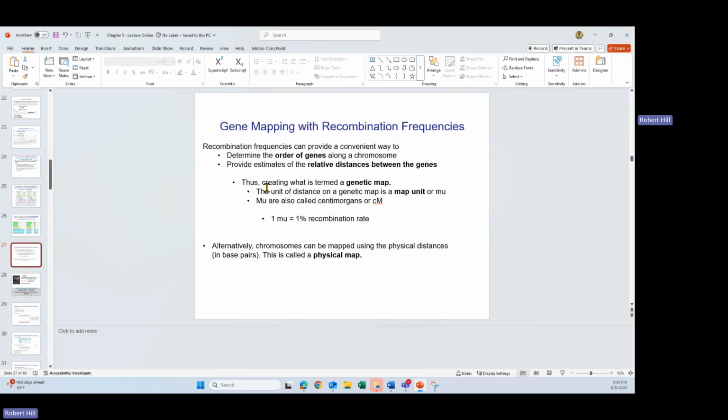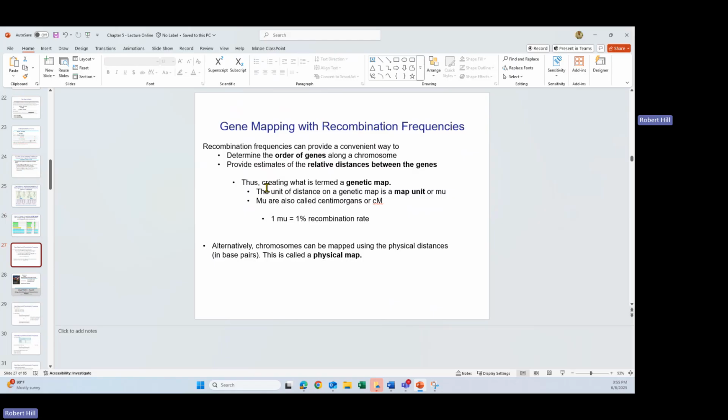Geneticists don't really use the value recombination frequency very much. They use different units called a map unit or a centimorgan. But it's the same thing. One map unit is equivalent to 1% recombination rate.